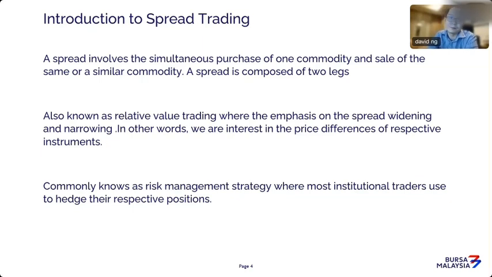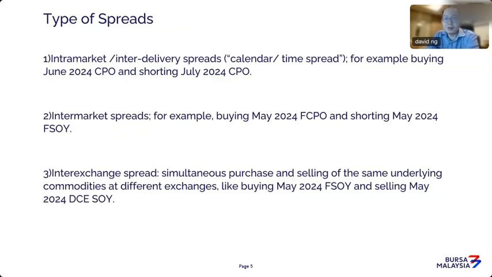Now, there are three very distinct types of spreads. The common one is mainly the calendar spread, or what we call a time spread. Calendar spread is actually very simple. If you notice, when you trade the CPO market, there are various months that you can trade up to at least two years.